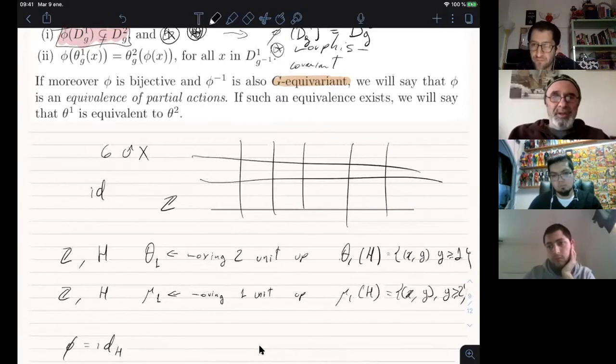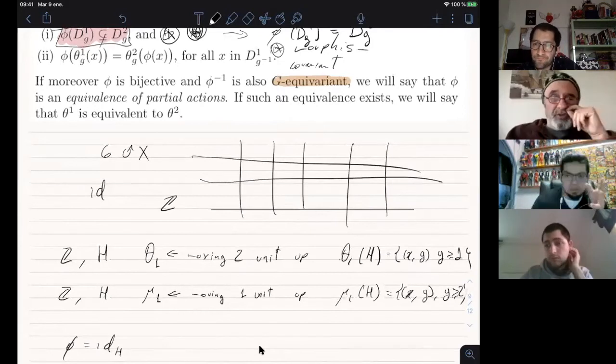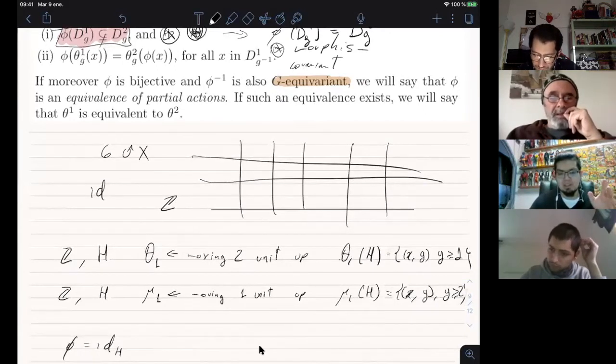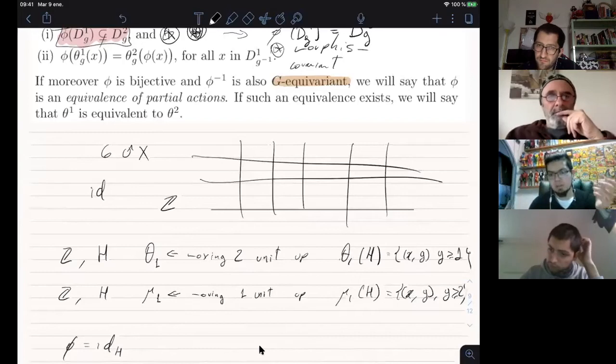So this is already a big difference between classical dynamical systems and partial dynamical systems. It makes sense that it is actually very exigent, because the only case in which there is covariance in both directions is when we actually have the same partial dynamical system.